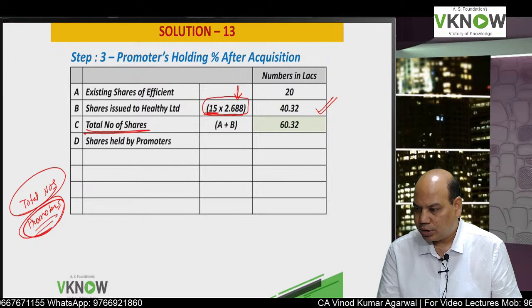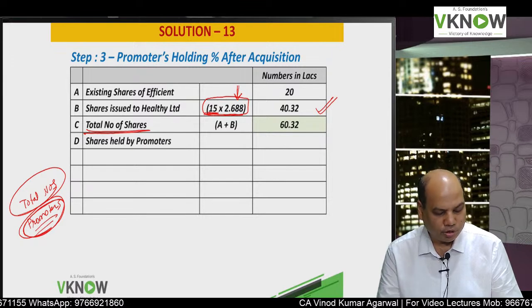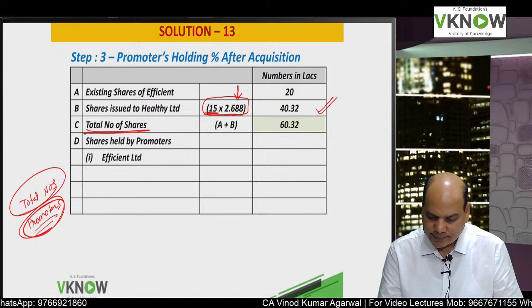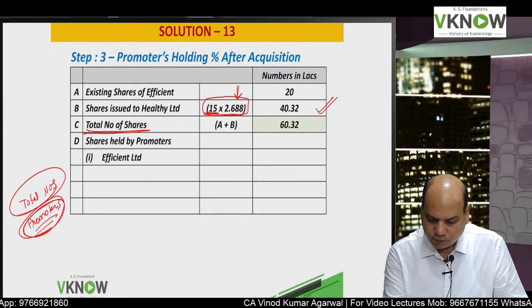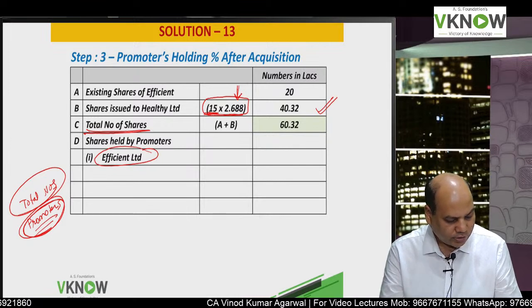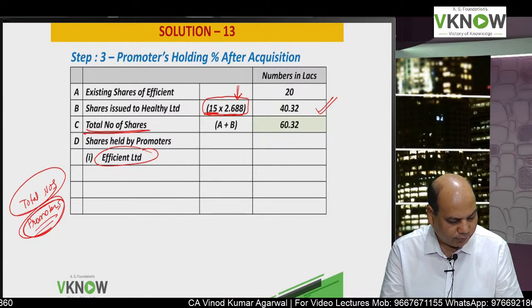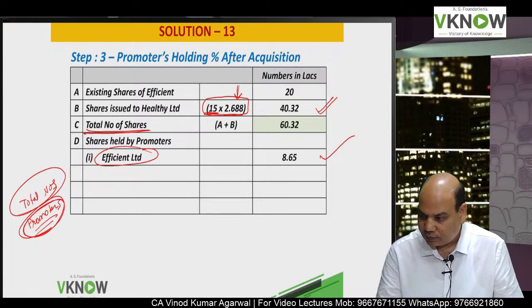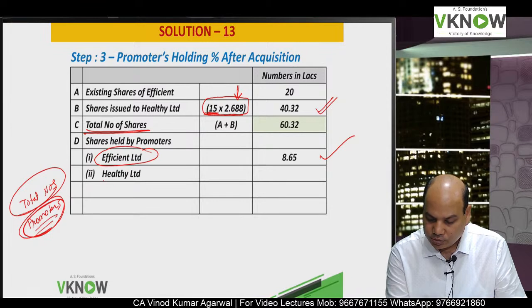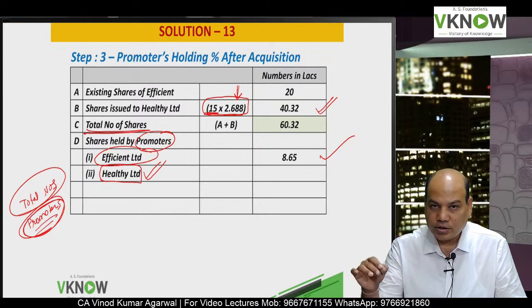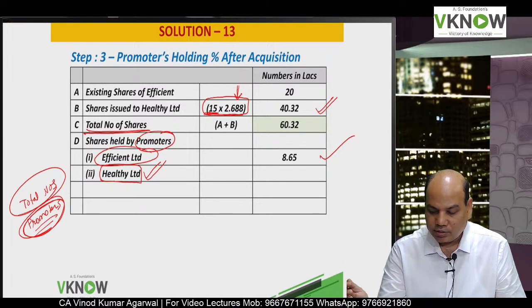Point D, write down shares held by promoter. Promoters of Efficient Limited are already holding certain shares. Look at the question, fifth line in table. They are already holding 8.65 lakh shares, plus promoters of Healthy Limited will also get shares in Efficient Limited.